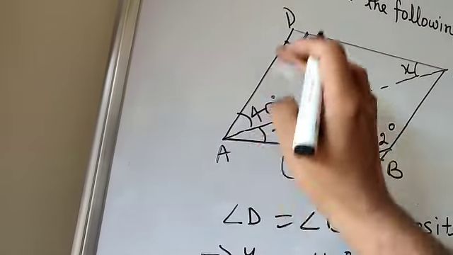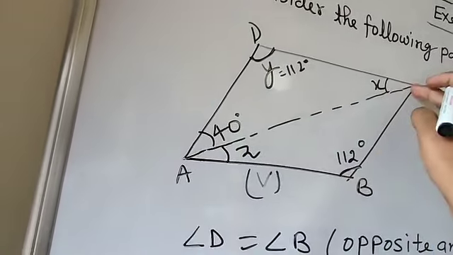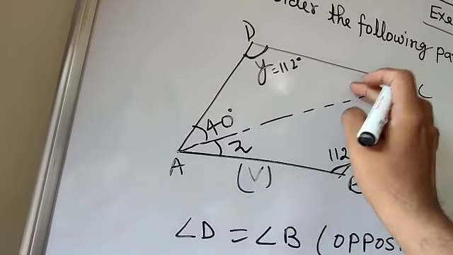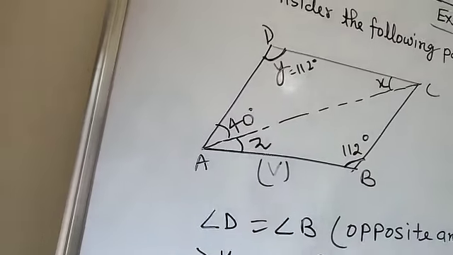So here in DAC, you can find DAC is a triangle. So the sum of the angles of the triangle will be 180 degrees. It means x plus y plus 40 equal to 180 degrees.